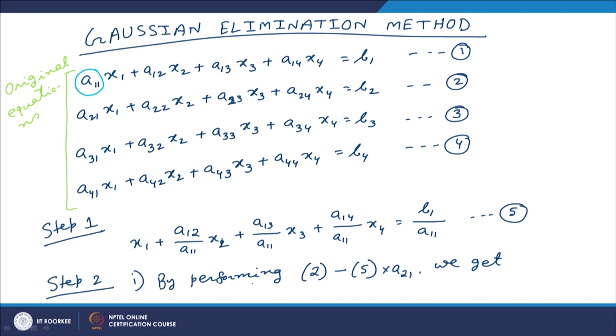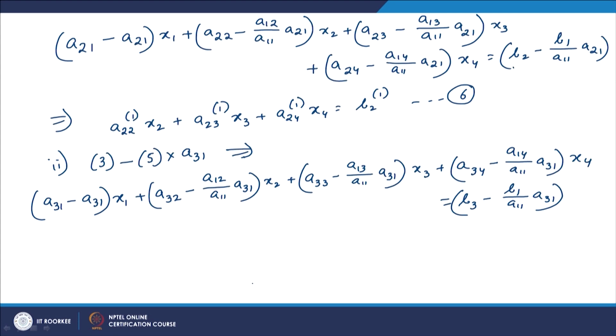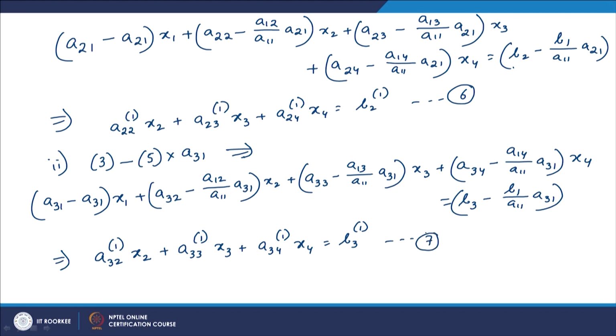We multiply everything by A31 and subtract. Again x1 is gone. So it is the first updated A32 x2 plus the first updated A33 x3 plus the first updated A34 x4 equal to the first updated B3. Let us say this is equation 7.